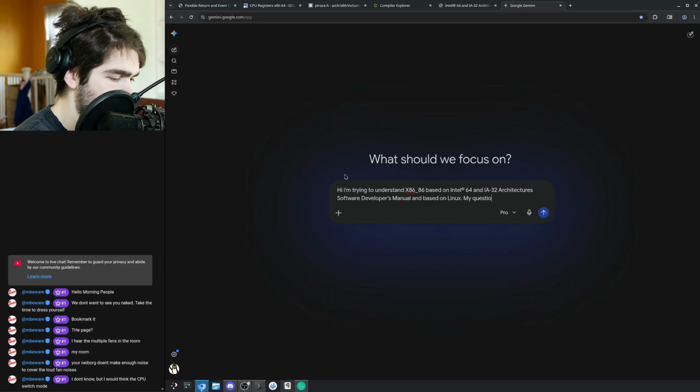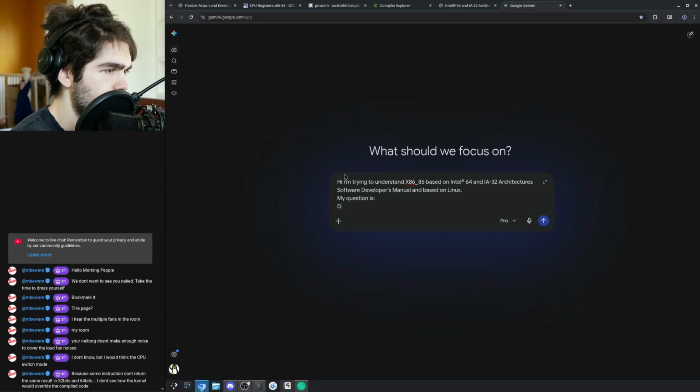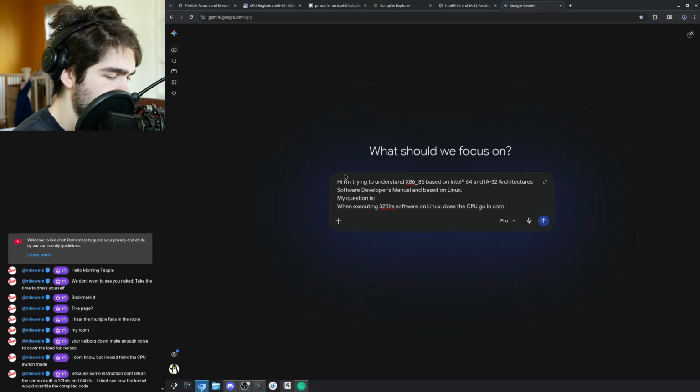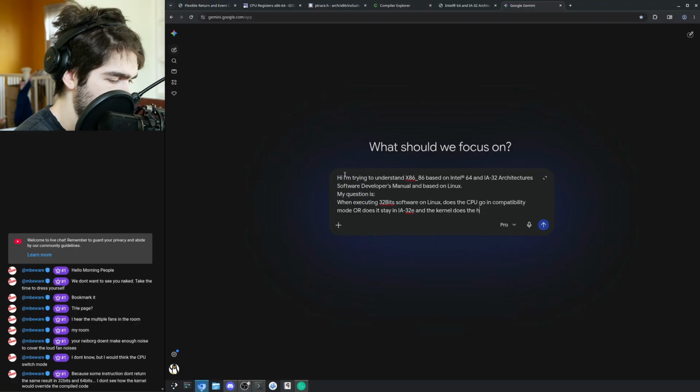My question is, when executing 32-bit software on Linux, does the CPU go in compatibility mode, or does it stay in IA32E and the kernel does the work?